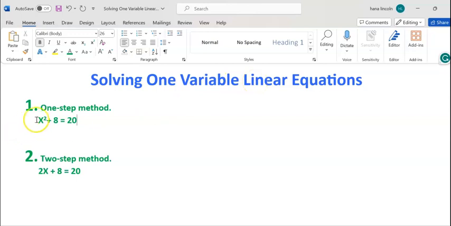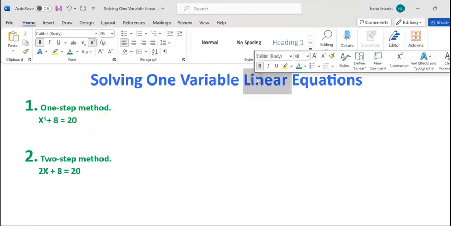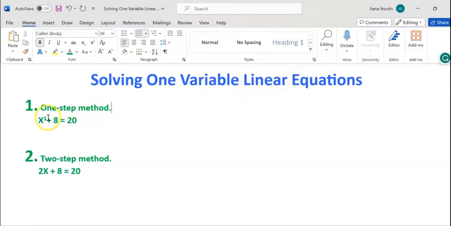It is not linear. The exponent should always be 1 to be linear. However, we don't need to write down 1 because we assume there is a 1 if we don't enter any number.